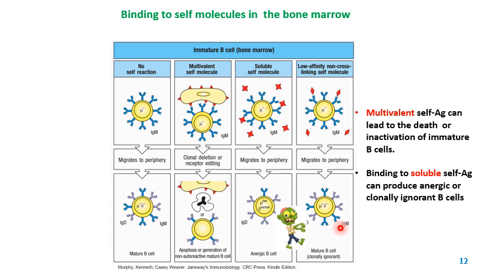They are called ignorant cells or clonally ignorant cells. They can be activated, but they're not going to proliferate. So the production of those zombie cells has to do with recognizing soluble antigens. Okay, soluble antigens can make zombie cells. If they are multivalent antigens, that's when you can get either apoptosis or receptor editing.